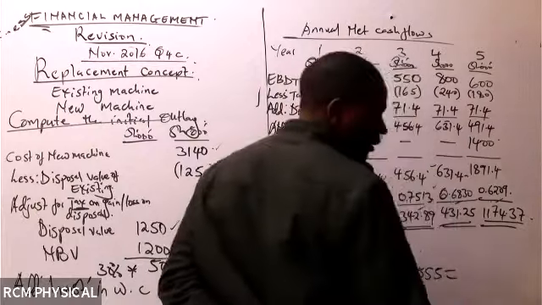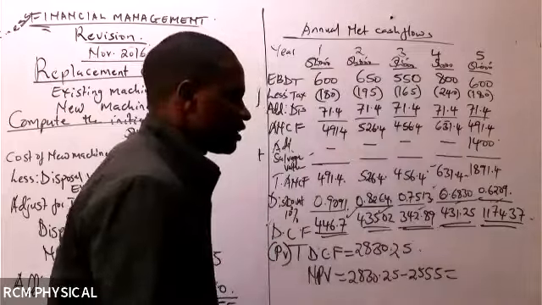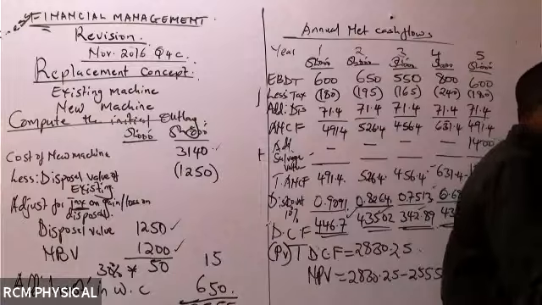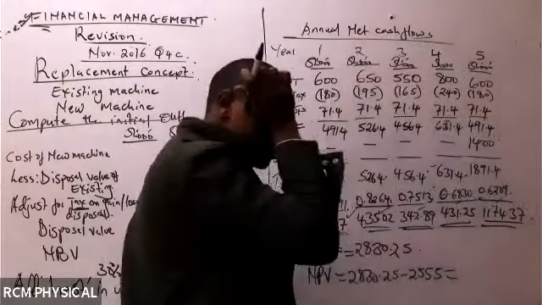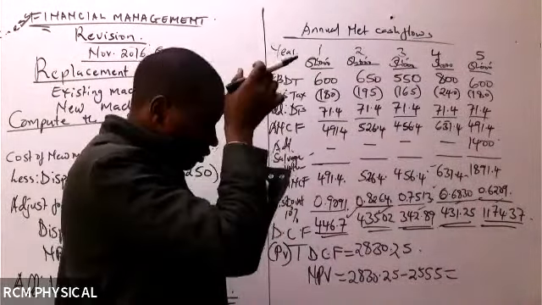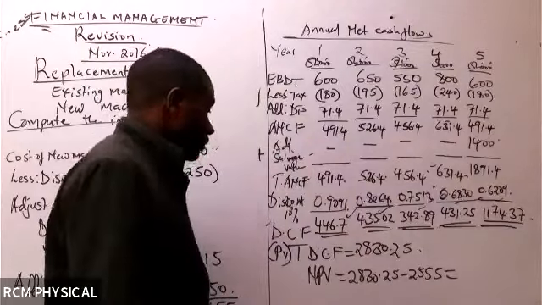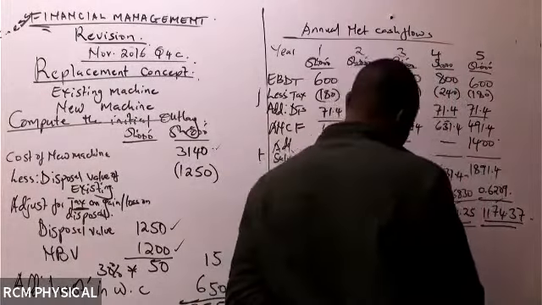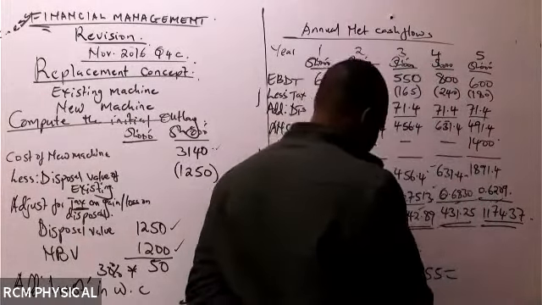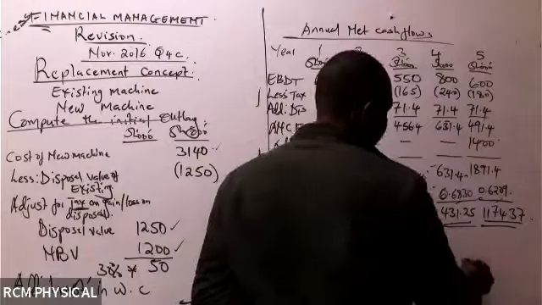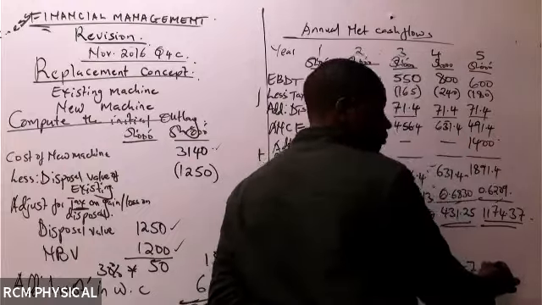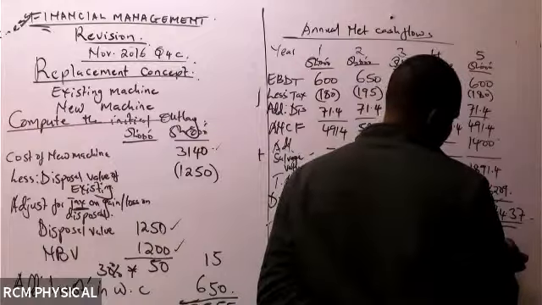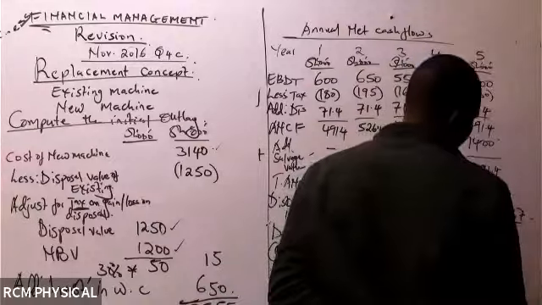So what is our net present value? How do you advise this company? What is our net present value? So I hope we are there. Viable, even just writing viable.